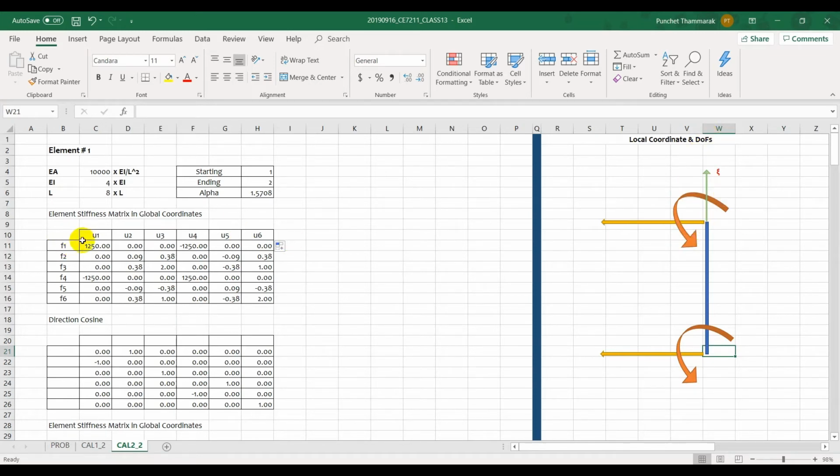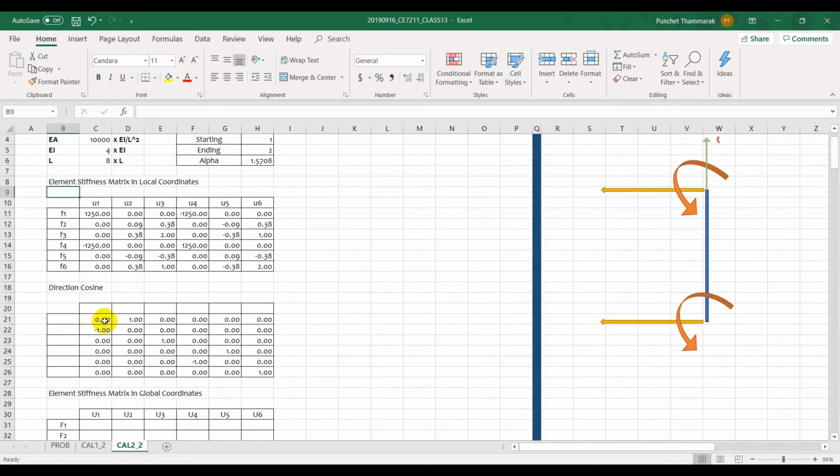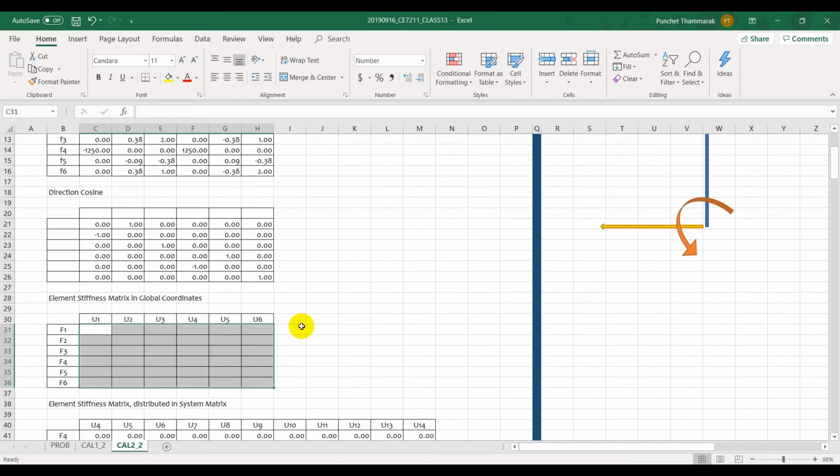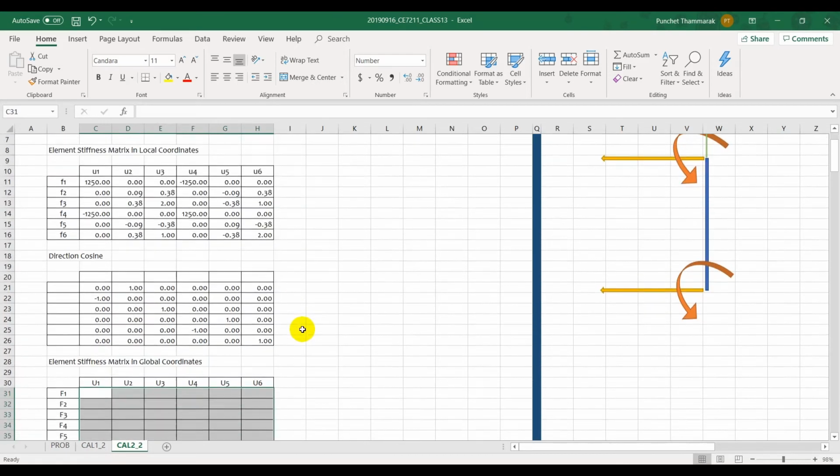Okay, so these represent the local DOF and local equilibrium equations. Sorry, local coordinates. And then we need this direction cosine. And the next step, we will come up with the element stiffness matrix in global coordinates.